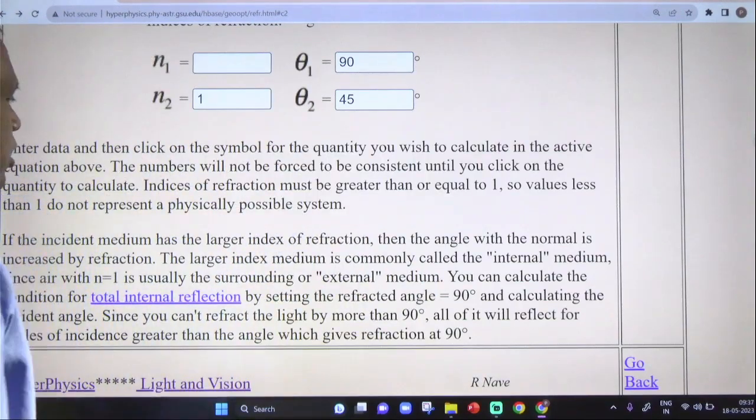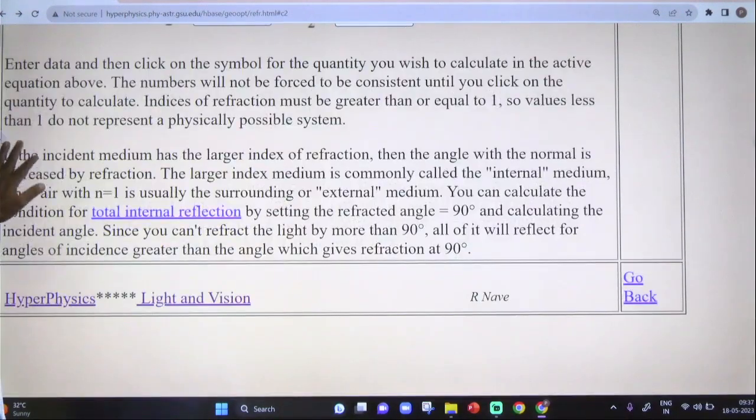Now try to find n1. Okay, we'll see this later.